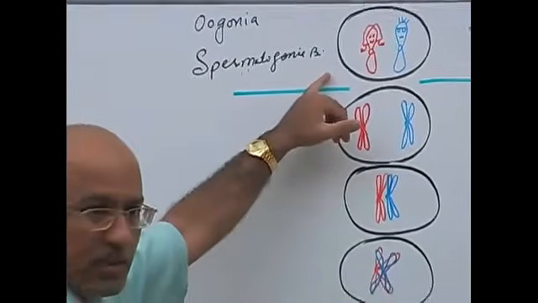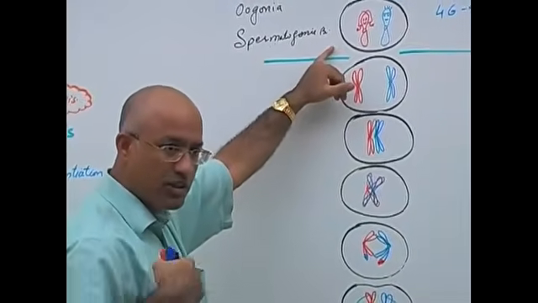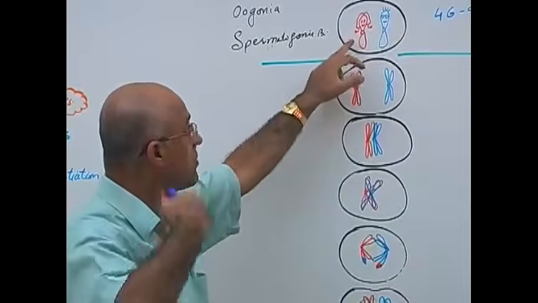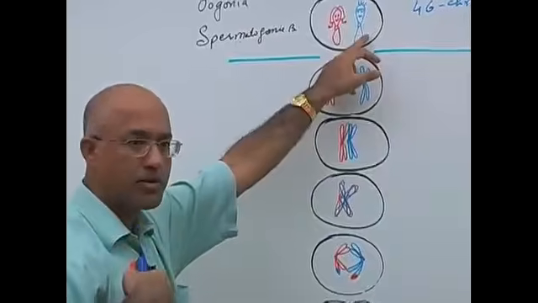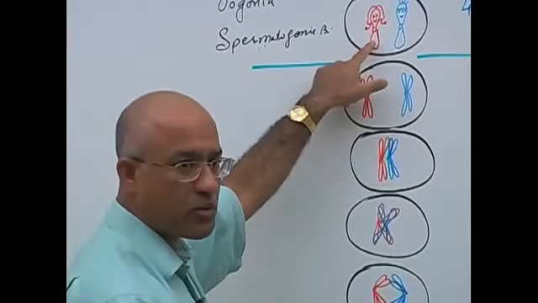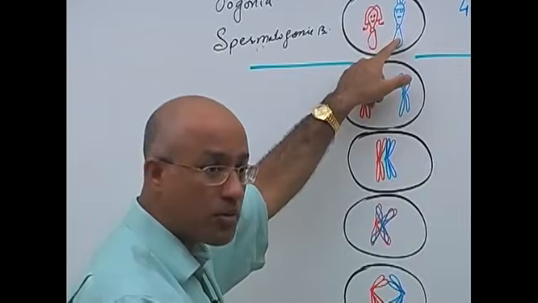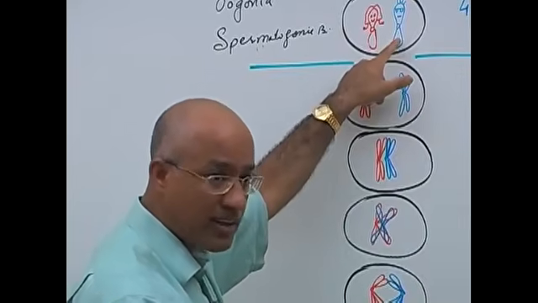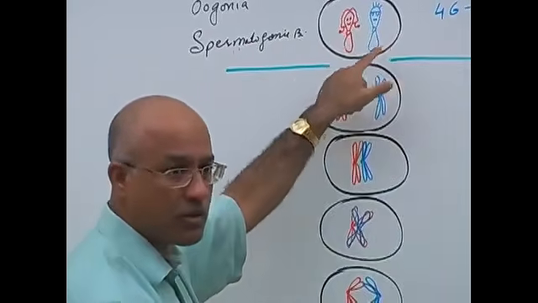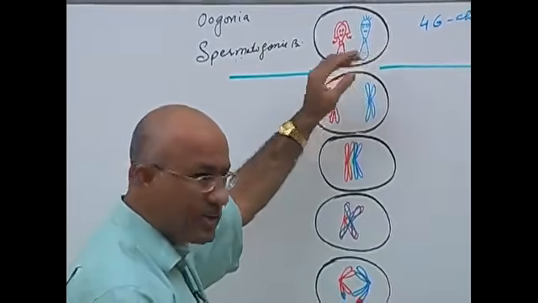So in early spermatogonia type B, a male has 46 chromosomes, 23 coming from my mother and 23 coming from my father. So for example, this is my chromosome number 1 derived from my mother, and this is my chromosome number 1 derived from my father, and so forth. I will have chromosome number 2 from mother as well as father, chromosome number 3 from mother and also one copy from father, and so forth.